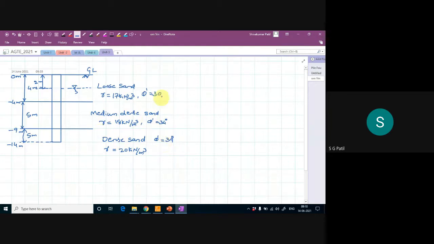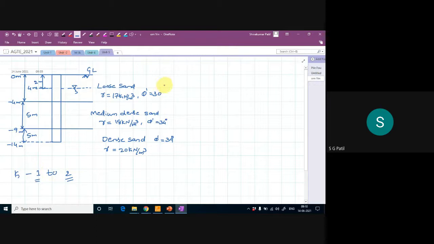Now the K value. Usually K is taken for a driven pile as 1 to 2, if you remember the lateral earth coefficient. If it is a loose sand, you take 1. If you have a dense sand, you take 2, and if you have a medium dense sand, you take in between, 1.5.